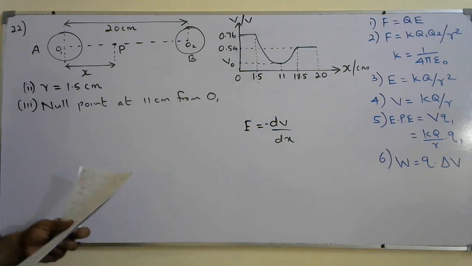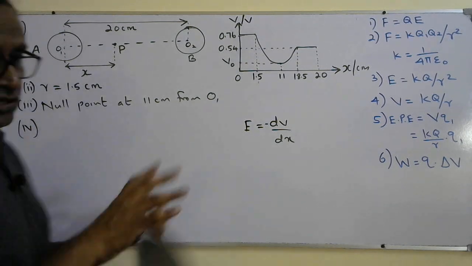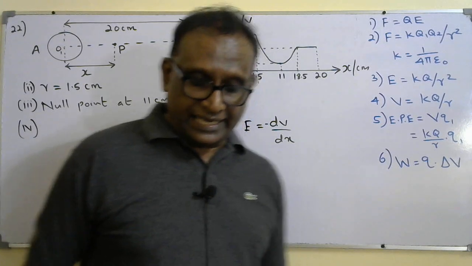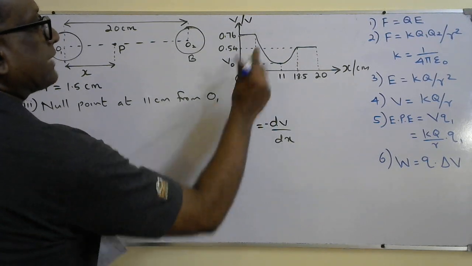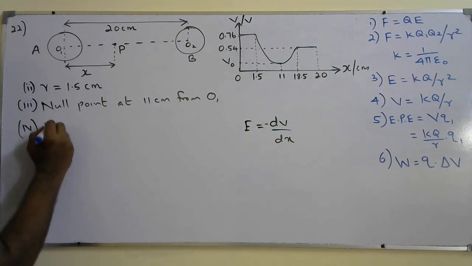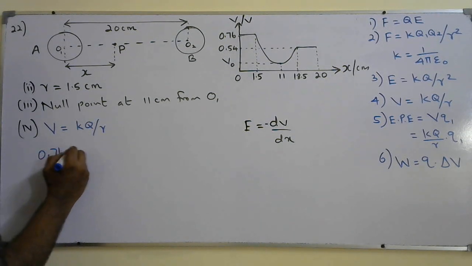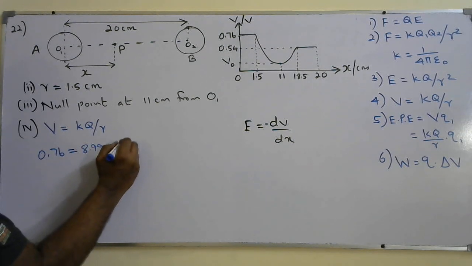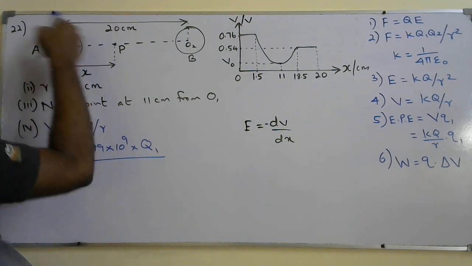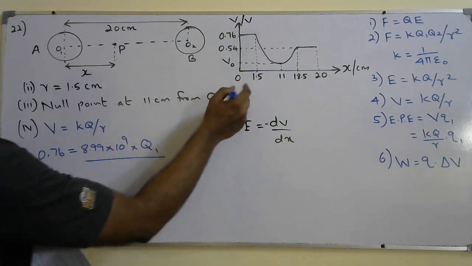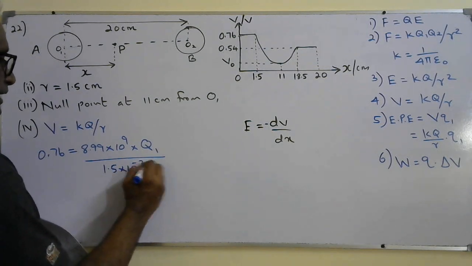Next part, find the charge on the metal sphere A. Fourth part, find the total amount of charge on the metal sphere A. We can use V equal to kQ over R. We know the electric potential on the surface is 0.76 V. So 0.76 equals 8.99 times 10 to the power 9 times Q1, the charge on sphere A, over R, the radius, which is 1.5 centimeters, so 1.5 times 10 to the power minus 2.